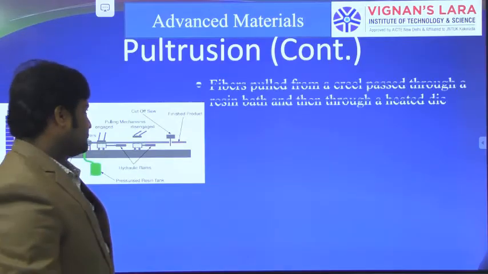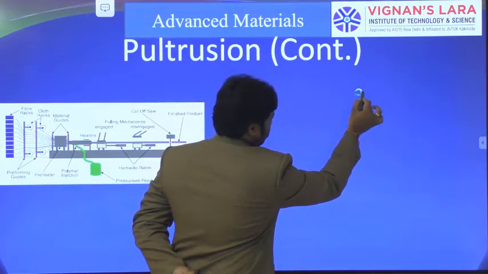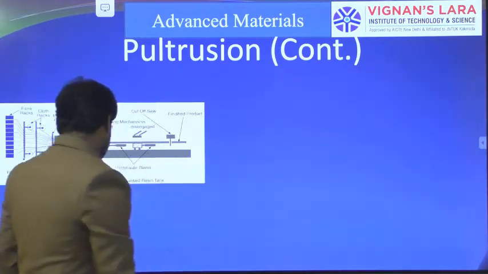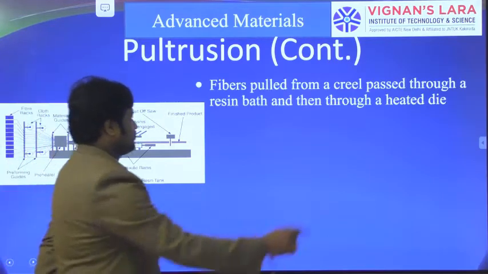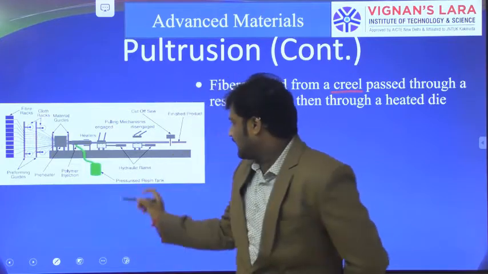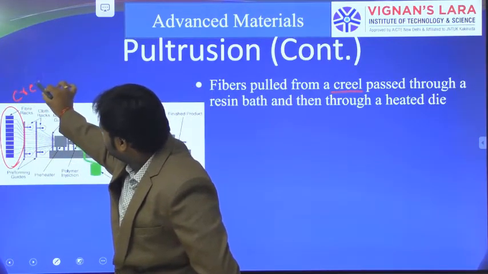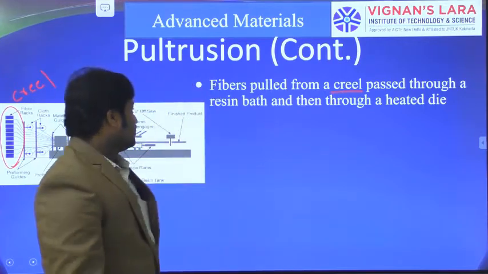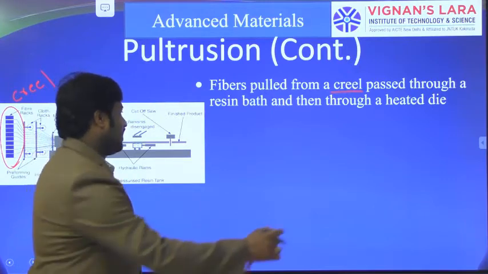So, the pultrusion process. Fibers are pulled from a creel. As we discussed, the fibers are extracted from a creel. So this is the creel. Fibers pulled from a creel pass through a resin bath.